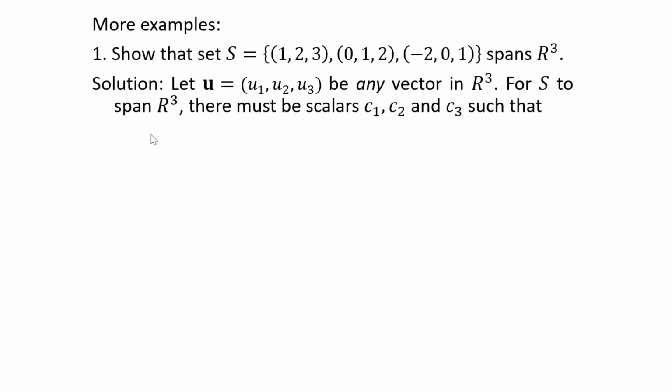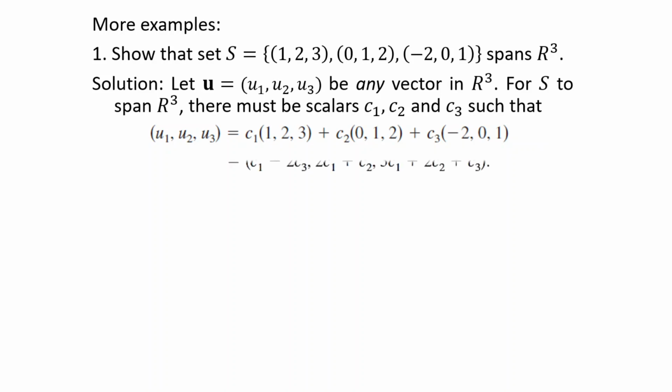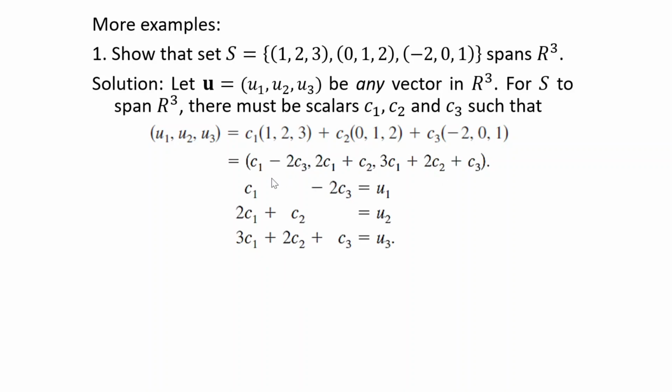For S to span R3, there must be scalars C sub 1, C sub 2, and C sub 3 such that this vector that represents any vector in R3 is equal to this one. Now this is equal to, we have this, adding the components of this. So we get this one. So we have the linear system. Okay, we have this. It's from here. So that's U sub 1, U sub 2, and U sub 3.